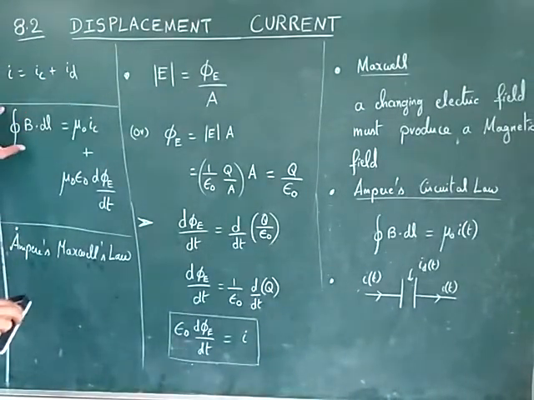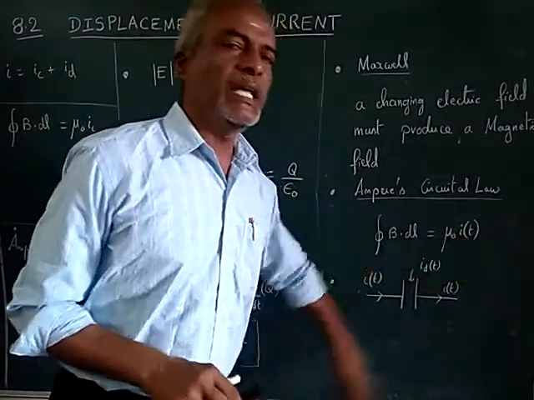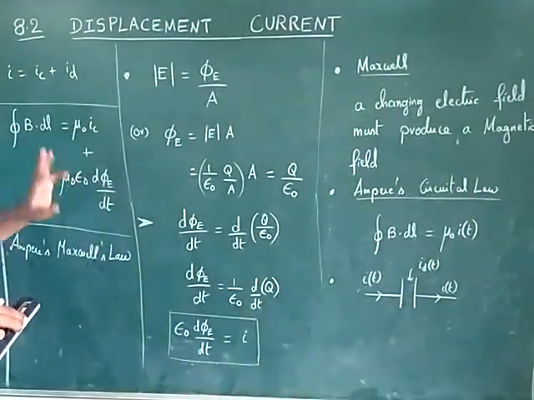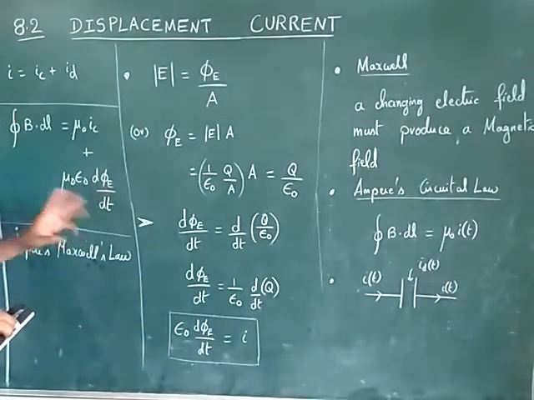We have already got from Ampere's circuital law, integral B dot dl is mu naught into I. This I is nothing but the total current, which is IC plus ID. So mu naught into IC plus mu naught into this term, epsilon naught d phi E by dt.